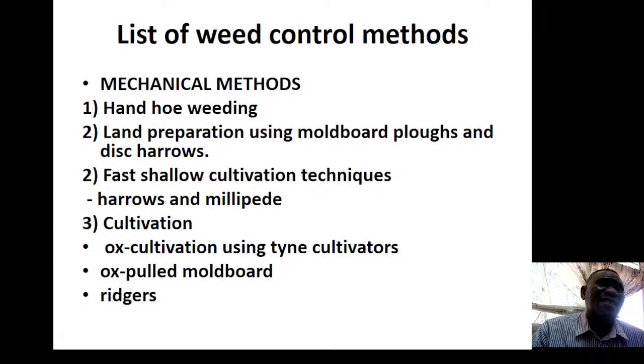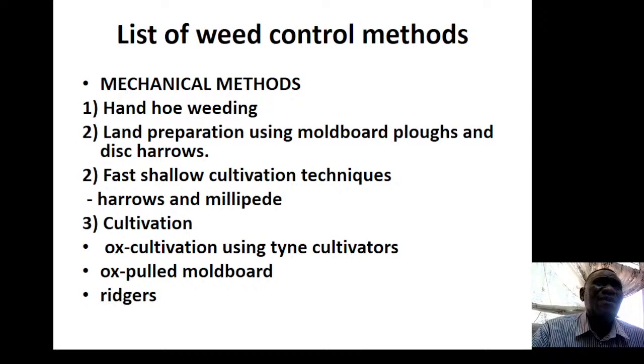Number one is hand-hoe weeding, which is common. Land preparation using moldboard plows and disc harrows. These can remove weeds, but sometimes we go for reduced tillage where we don't need to use all of these implements.